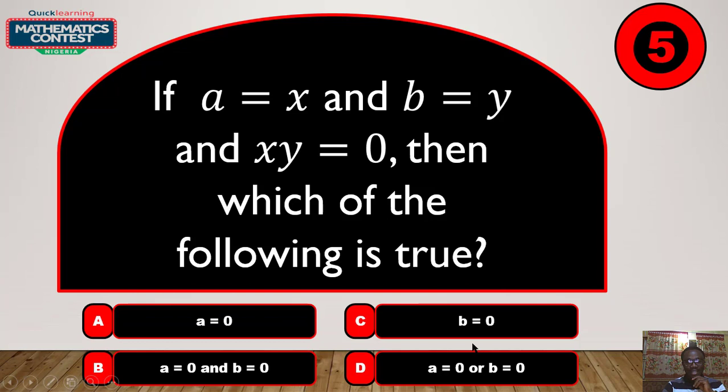I will answer that. Now the next one is, if A is equal to 0 or B is equal to 0, will this hold? Now the best argument for this question is actually option D, because we do not know the value of x and y, but for us to get 0 here, one of these terms just needs to be 0.